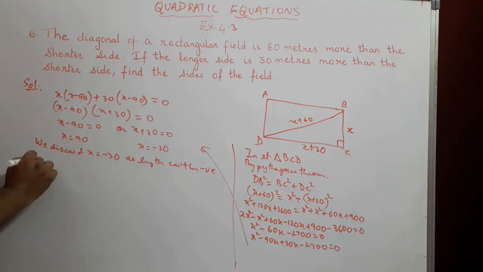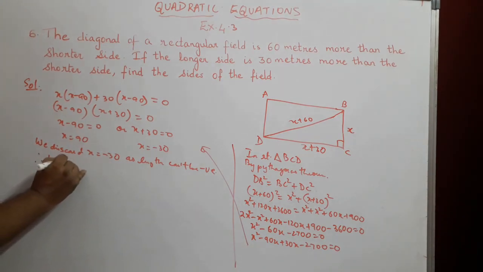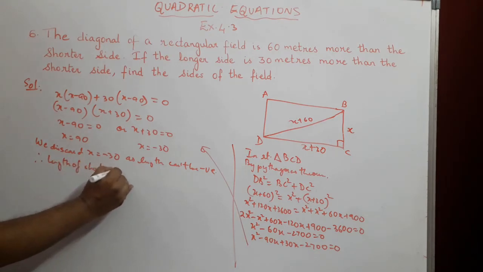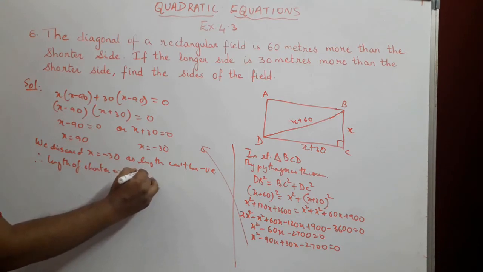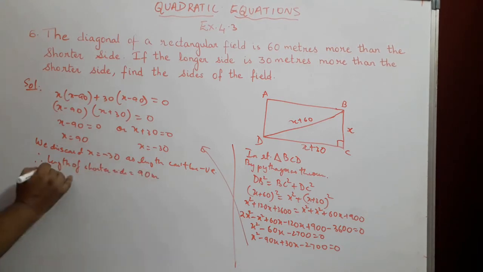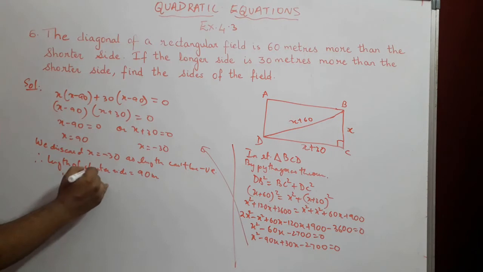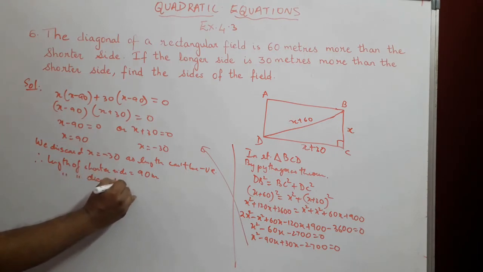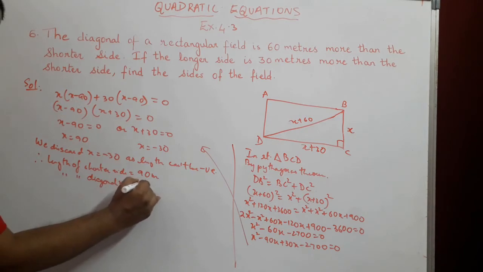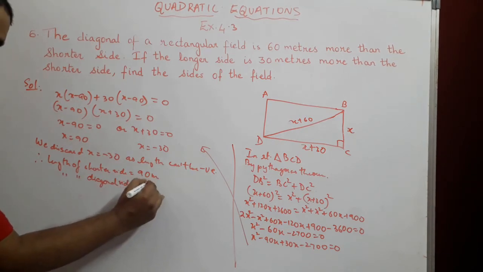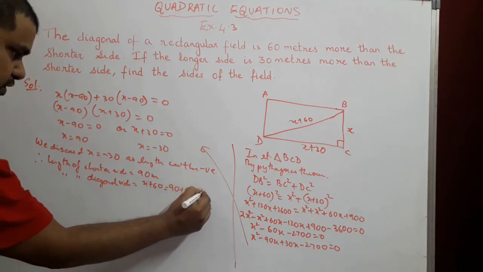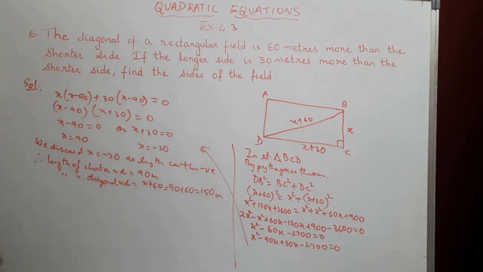So we say, therefore, the length of the shorter side is 90 meters. Similarly, the length of the diagonal, which was x plus 60, is 90 plus 60, which is equal to 150 meters.